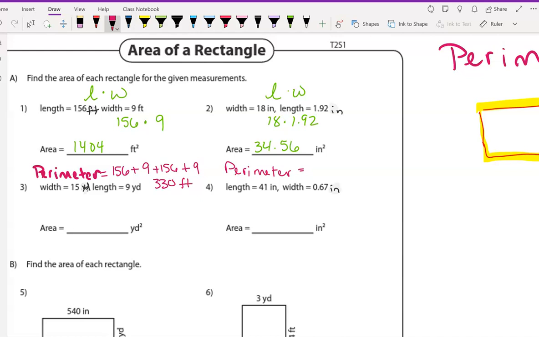Now this is just the perimeter going around, so we do not need to square it because only area is squared. And now this next one, we are trying to find the perimeter, and it's going to be 18 plus 1.92 plus 18 plus 1.92. When you solve that, your perimeter will be 39.84 inches.